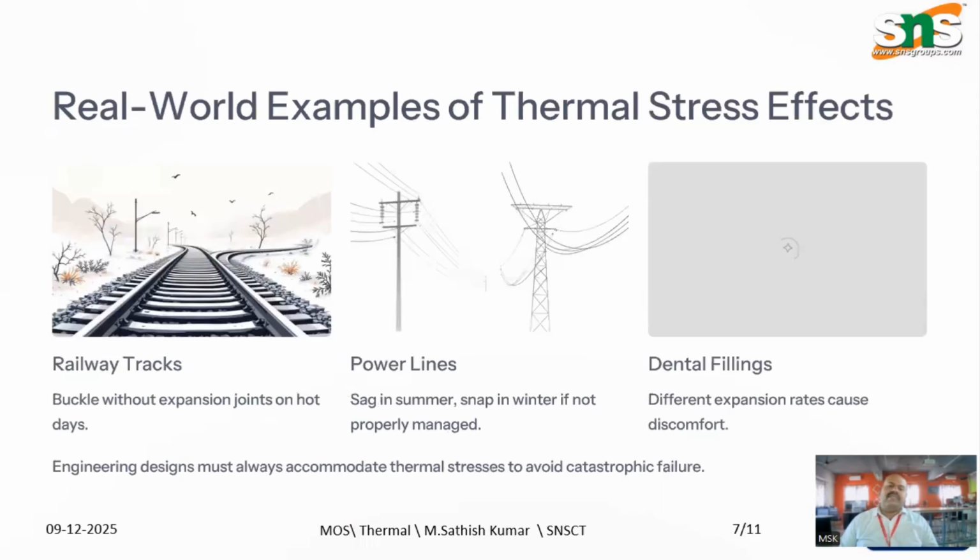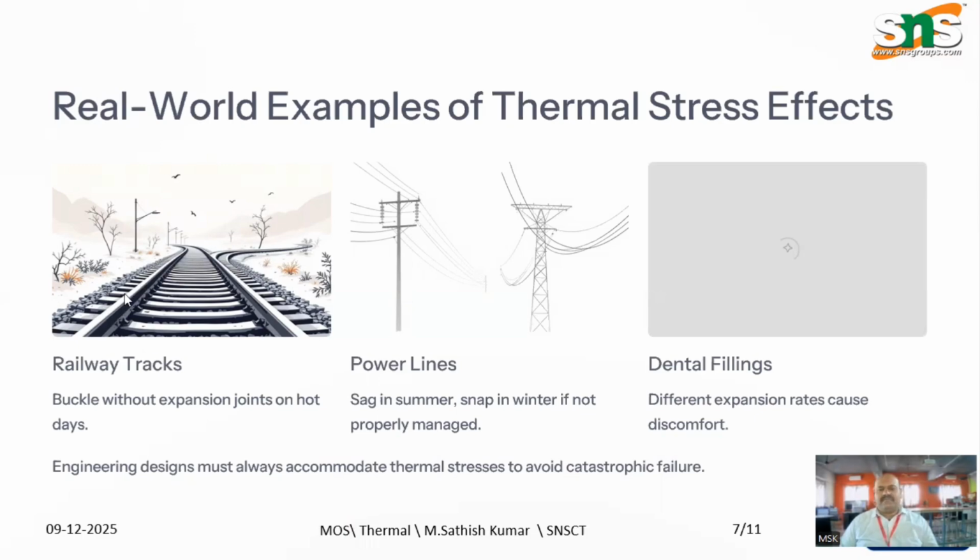For real world examples, we have three. First, railway tracks buckle without expansion joints on hot days. Normally when we travel in a train, we hear a small continuous noise from the wheels and the rails. That is because there is a gap between the rails.